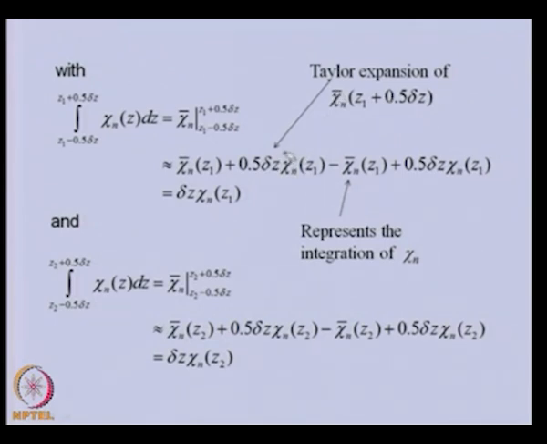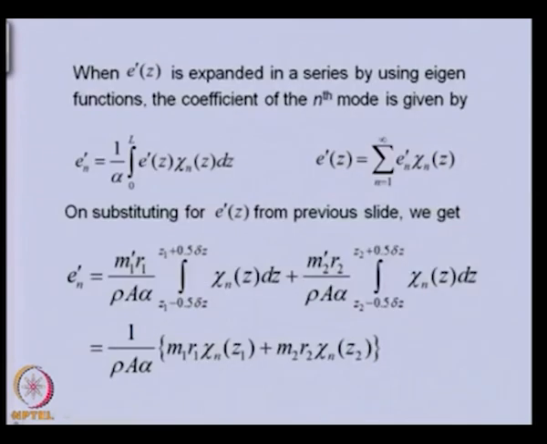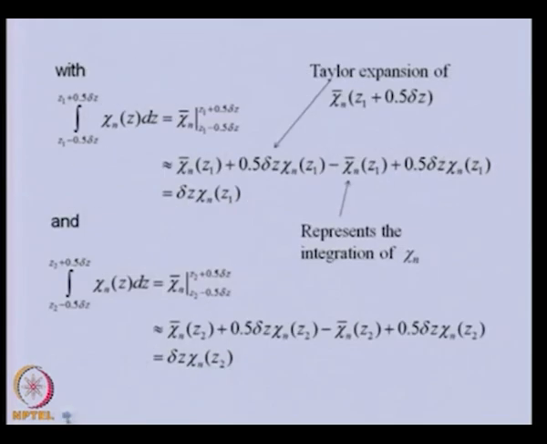So the integration term will go away. Once we expand this function for these two cases up to the first derivative, we will get these two terms, and in this the first and third will get cancelled, and the second and fourth terms will give us this. Similarly, for the second integration we will get this, which we have substituted in the previous expression. So basically these are the quantities which we obtained from here.